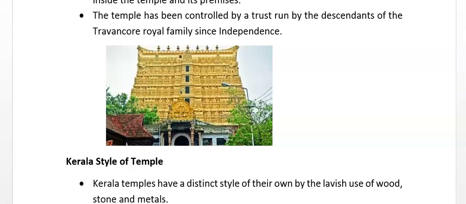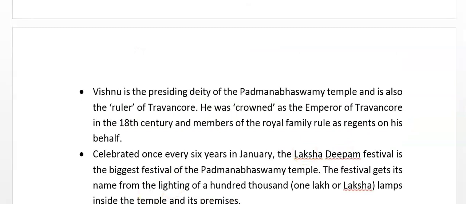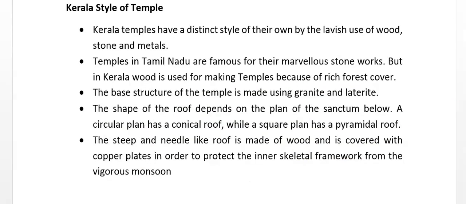Now let's see some facts about the Kerala style of temple, and here again lies a scope where several questions can be framed. In Kerala style, due to rich forest cover, the use of wood is very prominent, and it is prominently seen in its temples also. This becomes its most distinguishing feature.